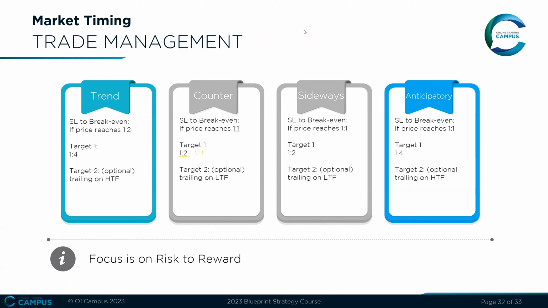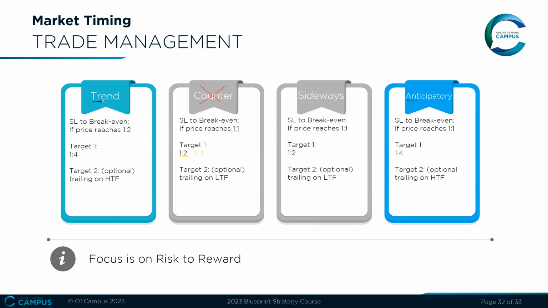So for me, most of the time, counter trend just isn't an option because the probabilities are stacked against me, and it comes even with very little reward in proportion to my risk. Now, the best case scenario, of course, is a trend and or an anticipatory trend idea.